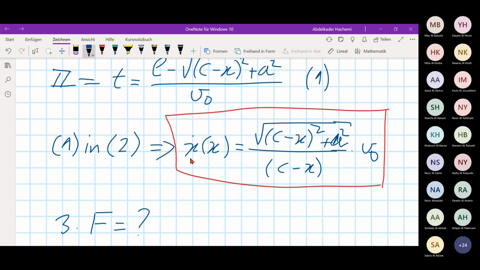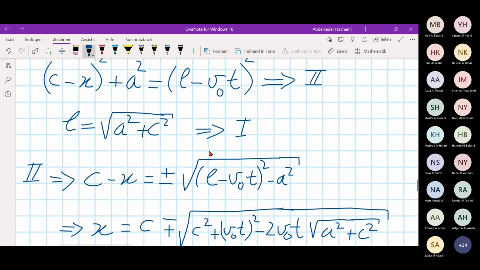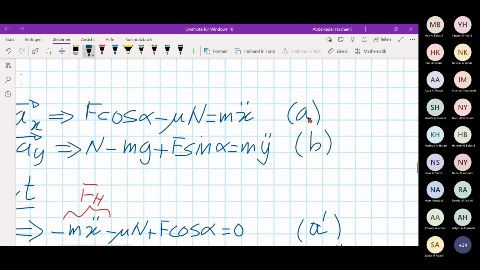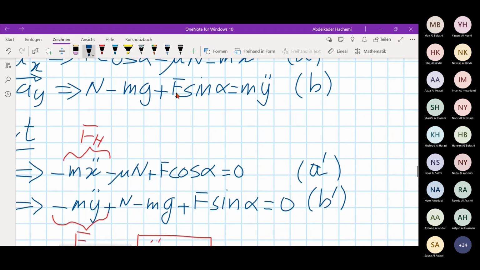We have the expression of x dot, then we can take the time derivative to get x dot dot, which will be replaced either in A or B. Then we have the relationship between F and N.